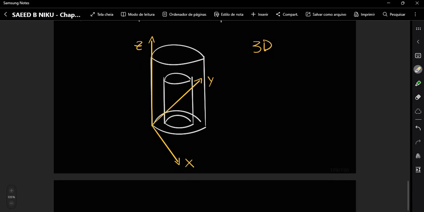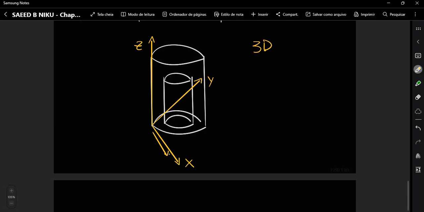On the examples from the past videos, we did a translation along the x-axis, and after this translation, we did a rotation.